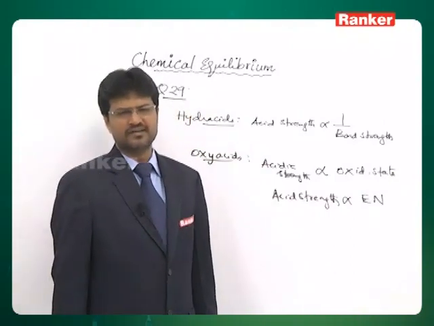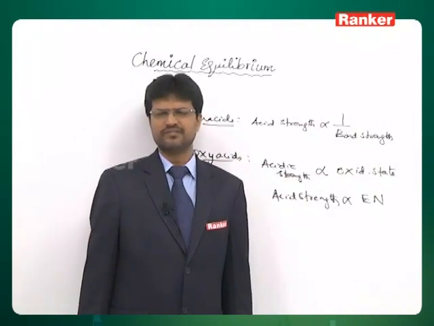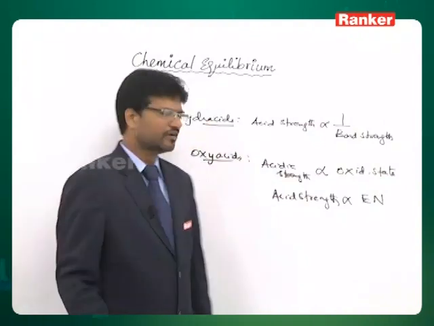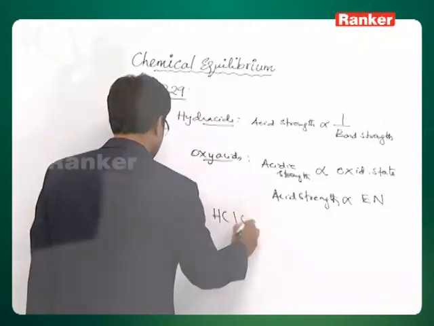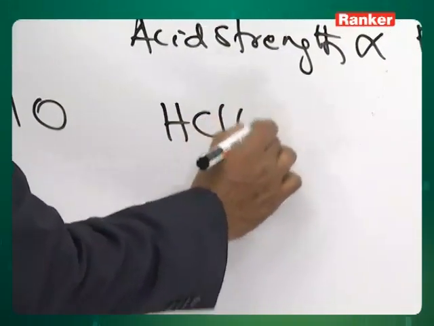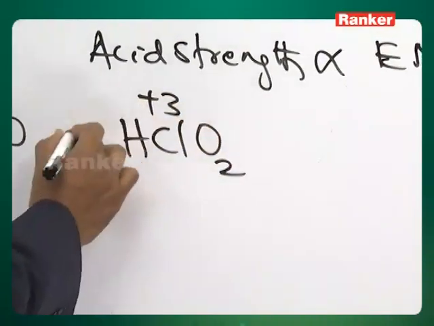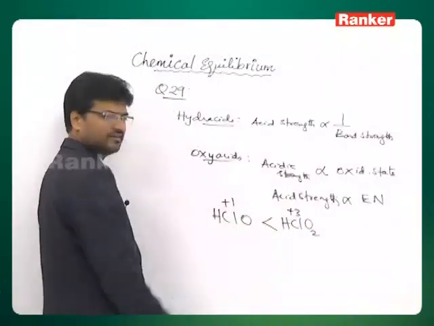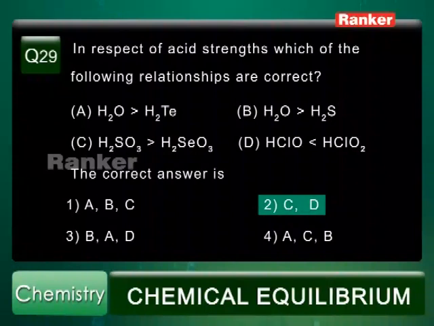And similarly, look at option D. HClO is a weaker acid than HClO2 because in HClO the oxidation state of chlorine is +1, in HClO2 it is +3. So this is stronger than this. So the correct answer is second option. C and D are correct. A and B are incorrect because water is a weaker acid due to stronger OH bond than OS bond or OTe bond.